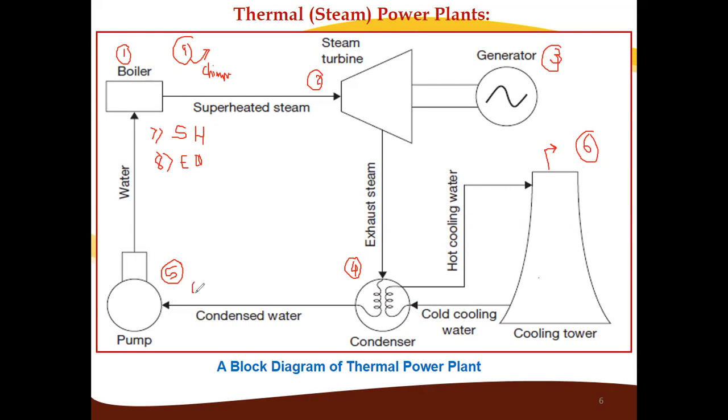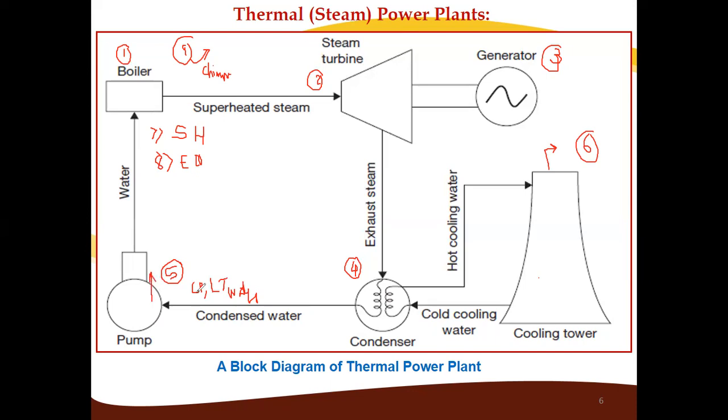So if you see, in the boiler cycle we have the pump input. It is low pressure, low temperature water, which is given to the pump. Now the pump is used to pressurize the water.